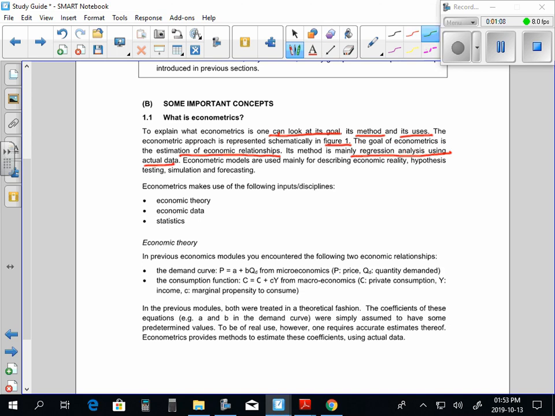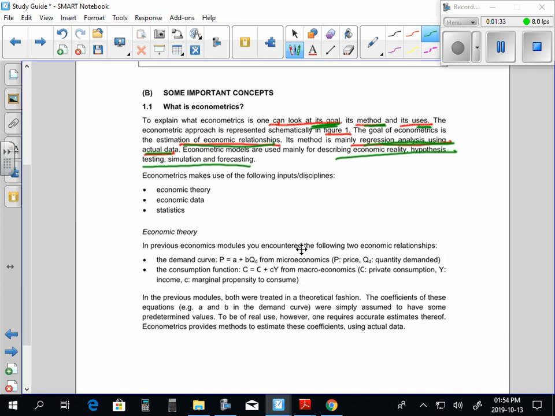So we said we need goal, method, and use. The goal is to estimate economic relationships through regression analysis by using actual data. Economic models are used mainly for describing economic reality, hypothesis testing, simulation, and forecasting. That gives us a working definition of what econometrics is all about.